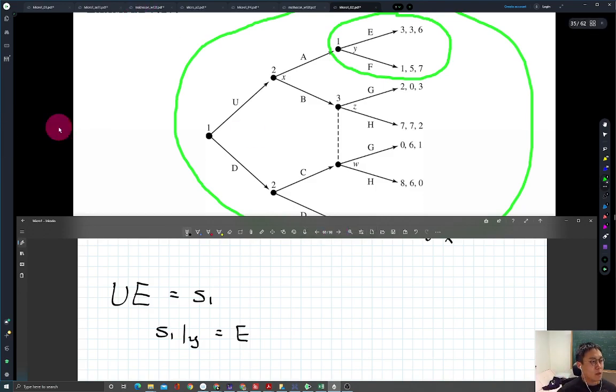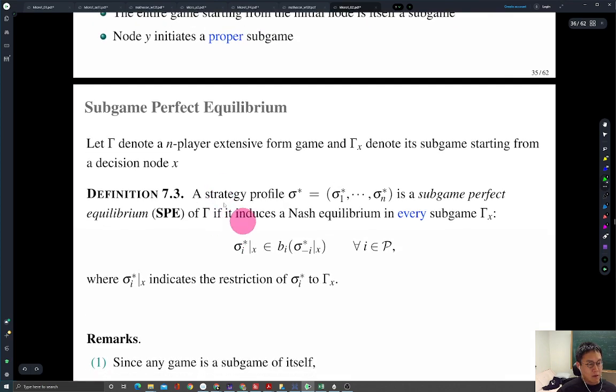All right. Then we are ready to define subgame perfect equilibrium. So let gamma denote the n-player extensive form game, and gamma sub x denote its possible subgame, starting from node x. We define subgame perfect equilibrium as a strategy profile.